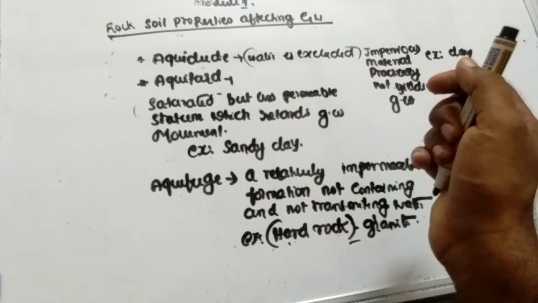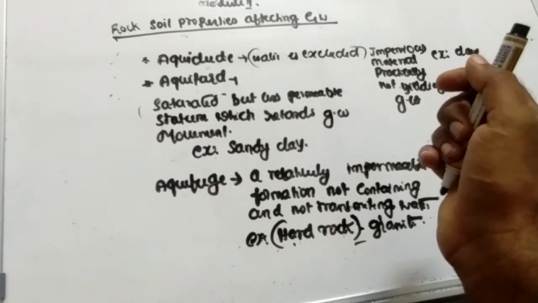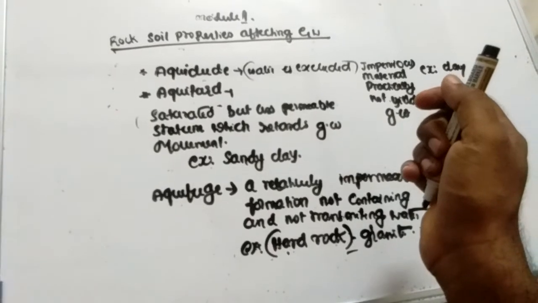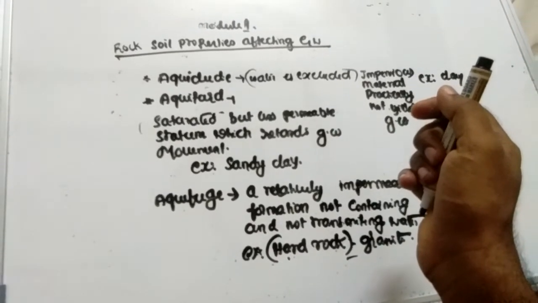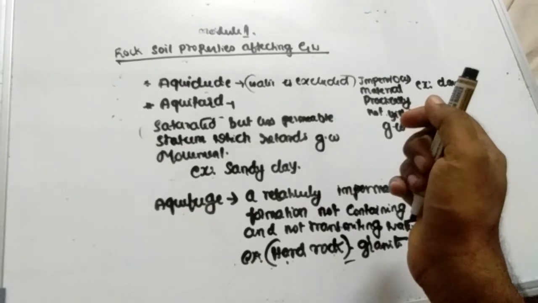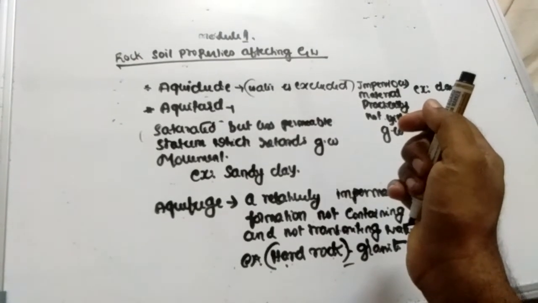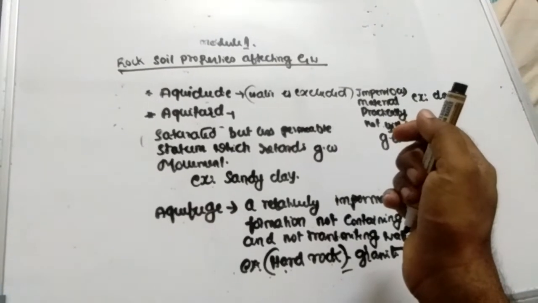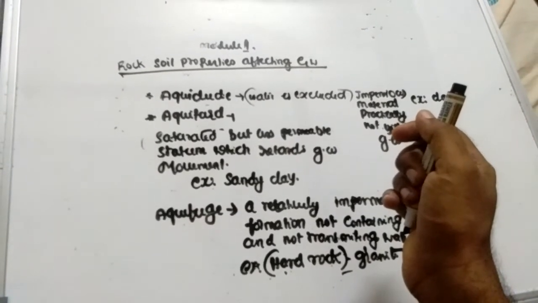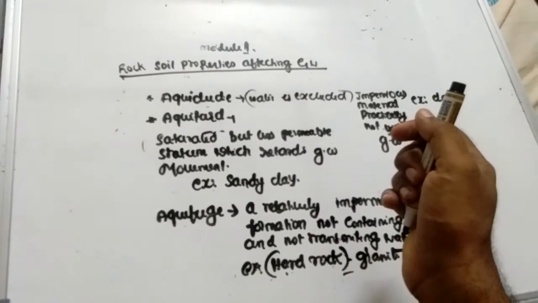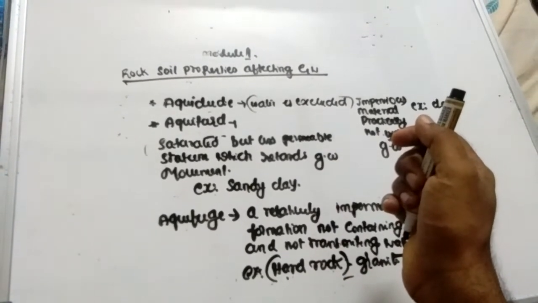Then the aquiclude, a practically impervious material not yielding groundwater, such as clay. And lastly aquifuge, which is a hard rock. Aquiclude can contain water, but aquifuge does not contain and does not transmit water.